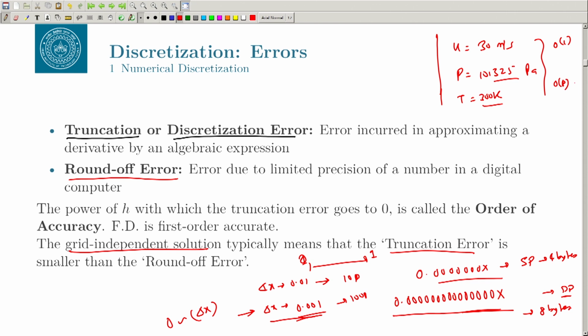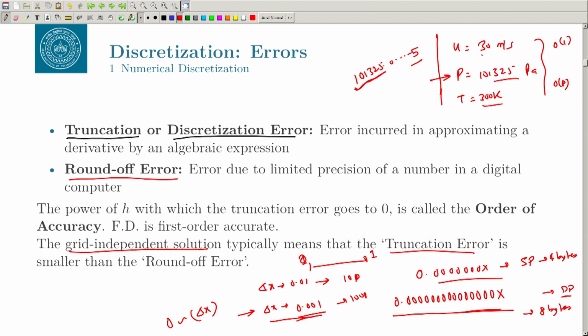So, here for example, let us say you are looking at the grid independence of pressure. What is the decimal point that you want to go to? Let us say you want to take an accuracy of 10132.5005, 5 digits, then also it is too much, because your significant digits are very big.